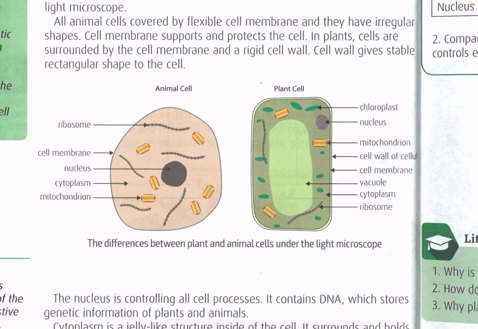It is necessary for получается more protection of the plant cell. And the last word is here vacuole, means that it's like a storage room in the cell, кладовка. Any substance in excess is stored there.